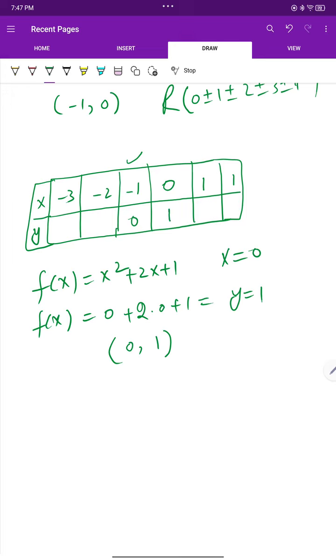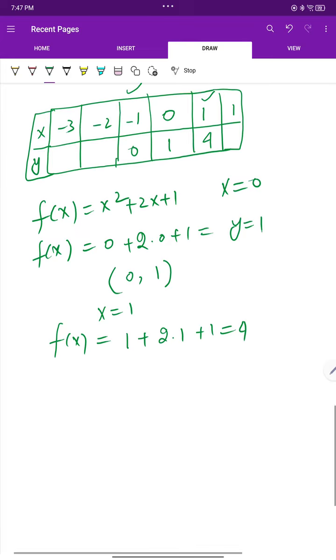And for the other value, on this side, now we put x is equal to 1, and f of x is 1 plus 2 into 1 plus 1, so is equal to 4. So when we put the x value 1, we got the y value 4. From the other side, this is minus 1, we have minus 2.